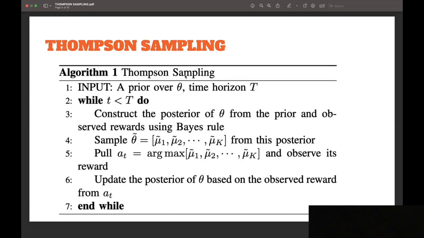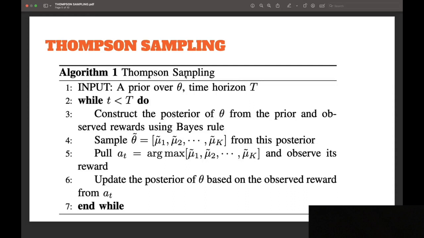In the third step, the algorithm constructs a posterior of theta based on the prior distribution we have inputted and the observed rewards in the past t-1 rounds using the Bayes rule.